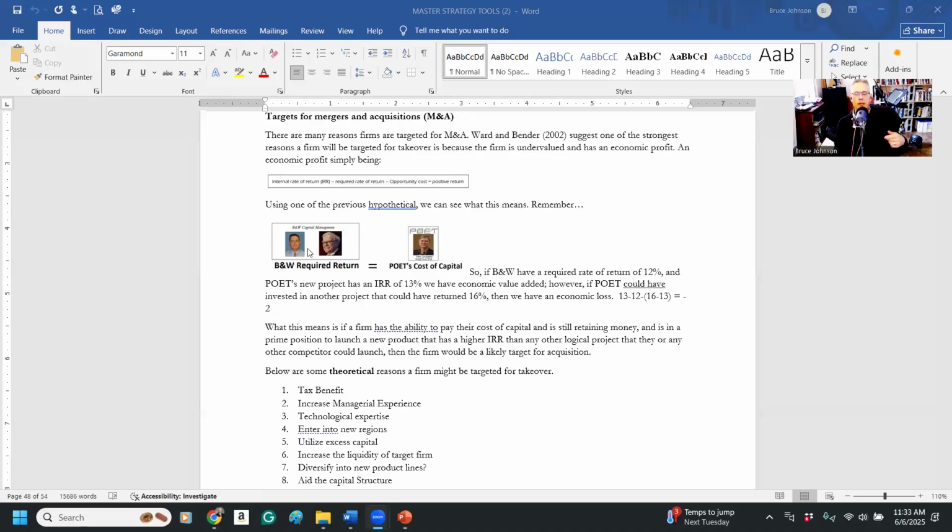So Warren Buffett contacted me a few years ago and said, Bruce, I'd like to start a private equity firm with you where we go and invest in other companies. And I thought, Warren, that's a great idea. Let's do it. So we start a company, and based on a level of risk, we're trying to get investments that have a rate of return above 12%, because maybe we can't get better returns anywhere else.